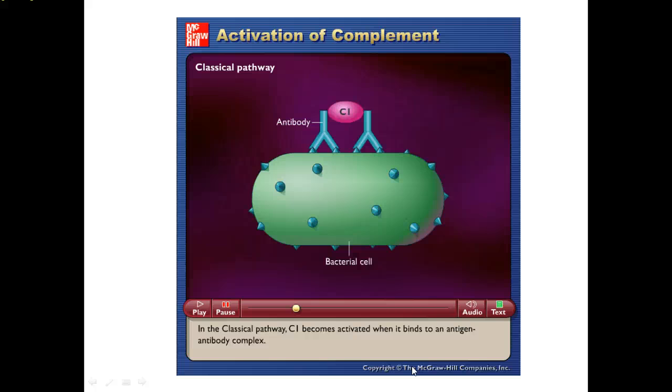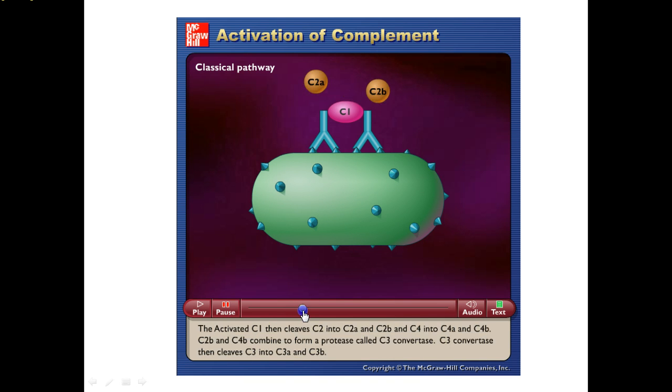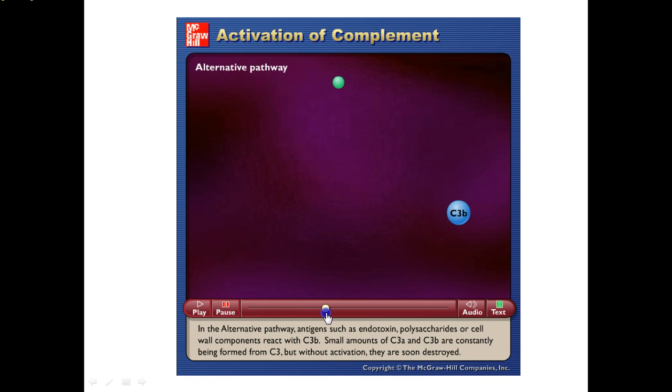We get maybe C3b binding. We may get the MAC complex and cell lysis happening. They go through the specific steps, which we're not going to worry about in this course. This is not an upper level immunology course. So just the beginning and the end for us, and a little bit of the middle, you could say.